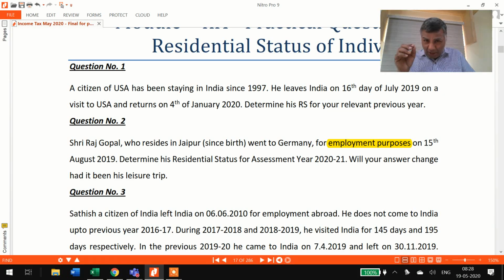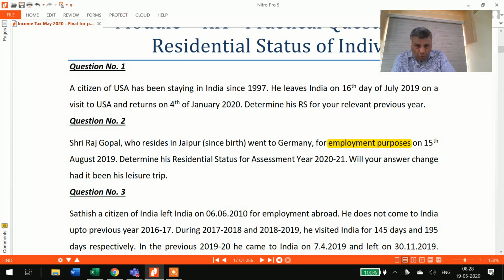He went to Germany for employment purposes on 15th August 2019. Determine the RS for AY 2021. Will your answer change if it is a leisure trip? Obviously, it will change because the second condition will be applicable. Repeating, in your notebook, you have to write: left India on 15th August 2019.